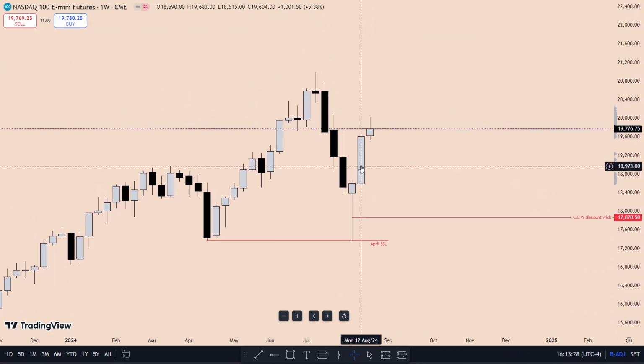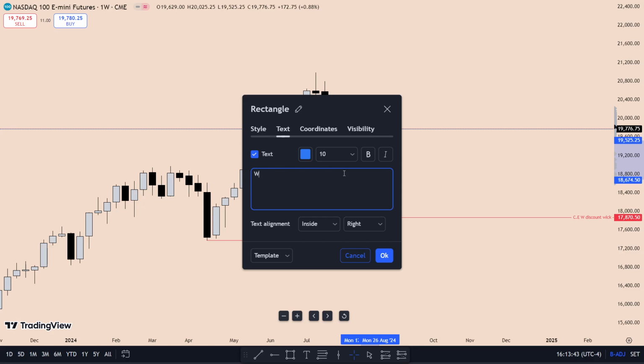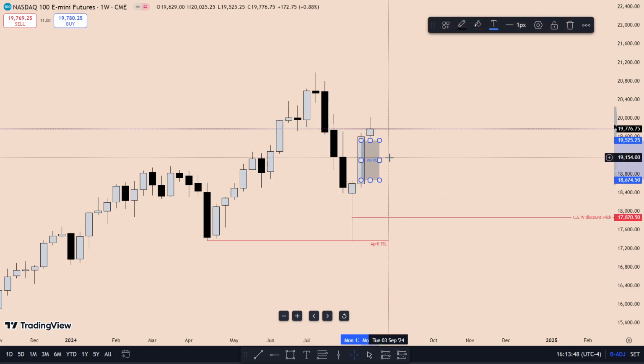Alright, and we've left a nice FVG here on the weekly. So we'll annotate that, weekly FVG. And then we've got one above.